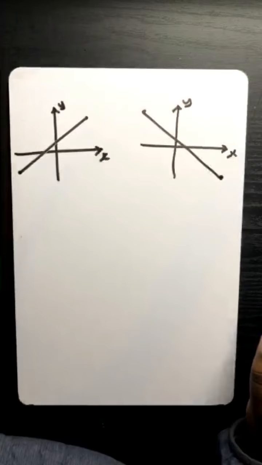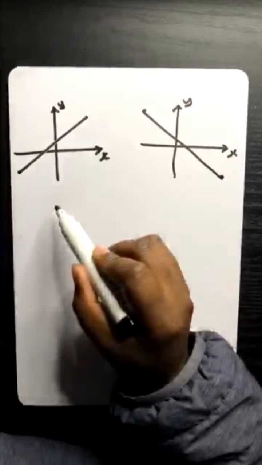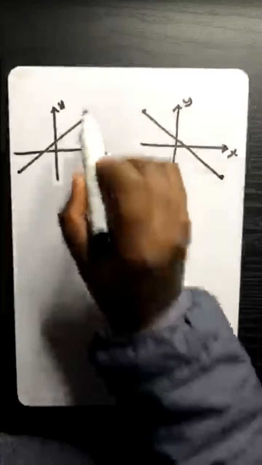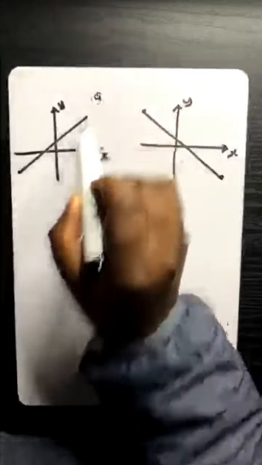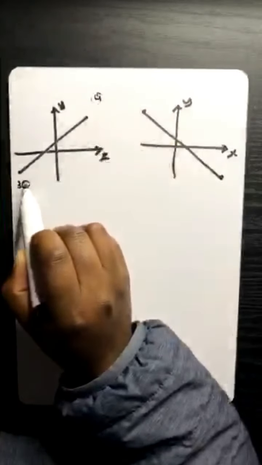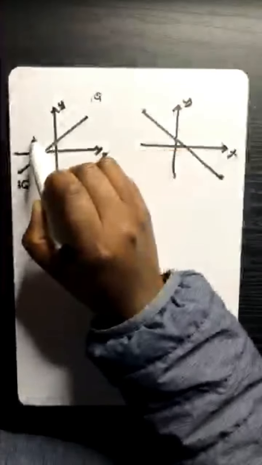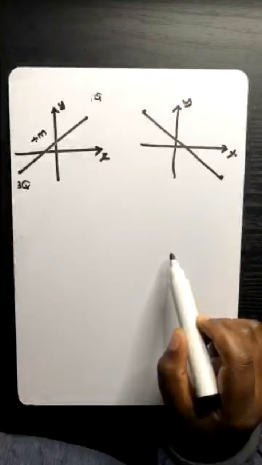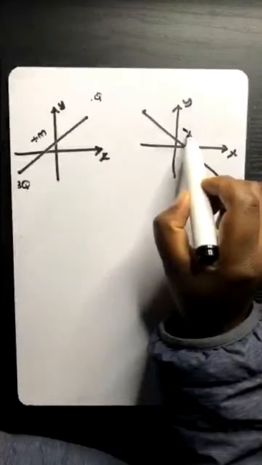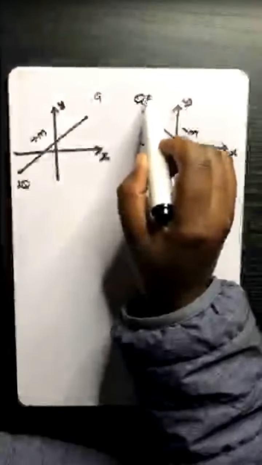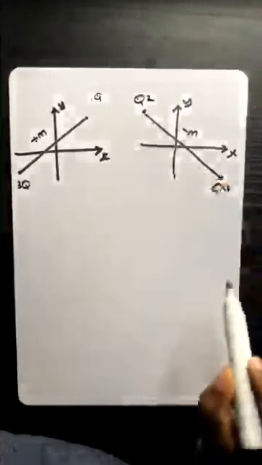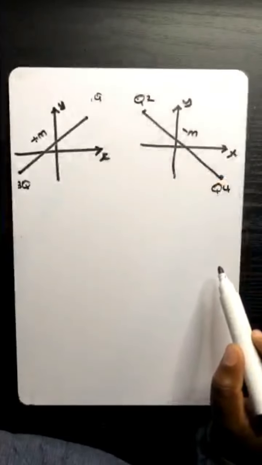Something that you need to be aware of is that a line that ends in quadrant 1 and quadrant 3 has a positive gradient. And also, the line ending in quadrant 2 and quadrant 4 has a negative gradient.